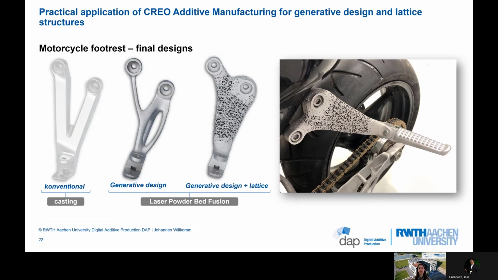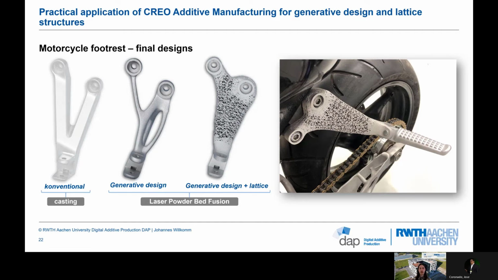We know that LPBF is not the most efficient manufacturing process for real serious parts, but I would say it's about getting from an engineering problem to a physical part. And with Creo additive manufacturing, we have the opportunity to do that very efficiently.